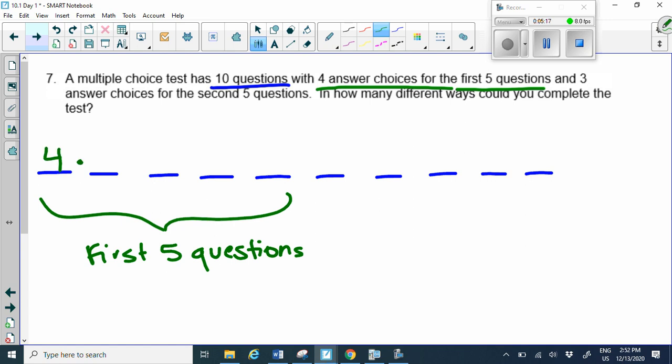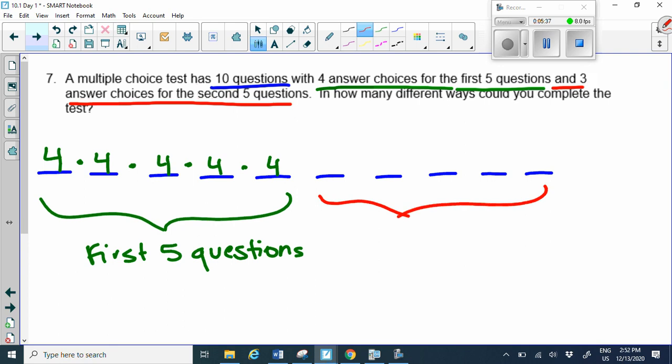But what about the second question I answer? I also have 4 because I can still choose A, B, C, or D, or whatever letters they use. What about the third one? Same thing, 4. Fourth one, 4, and fifth one as well. Now, it says we only have 3 answer choices for the second 5 problems.